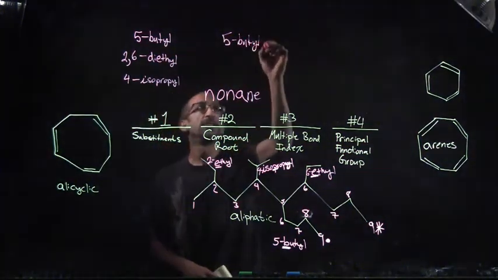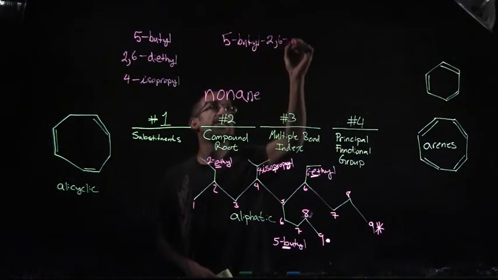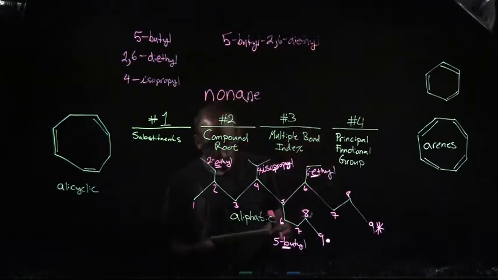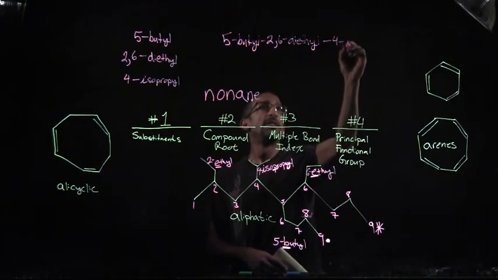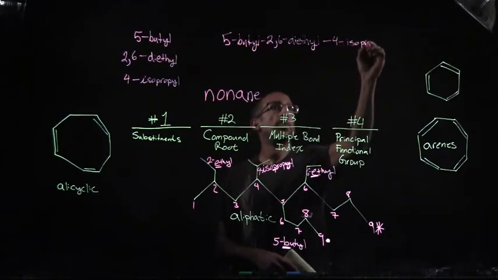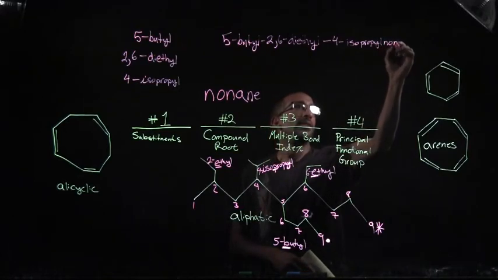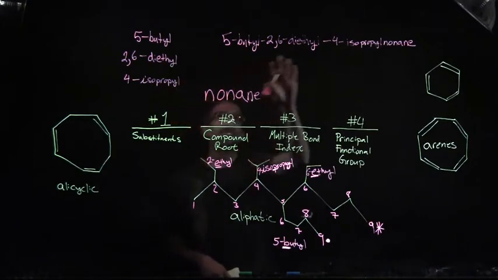5-butyl-2,6-diethyl-4-isopropylnonane. And now notice there are no spaces here.